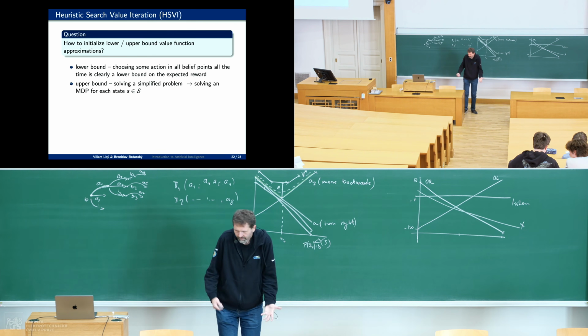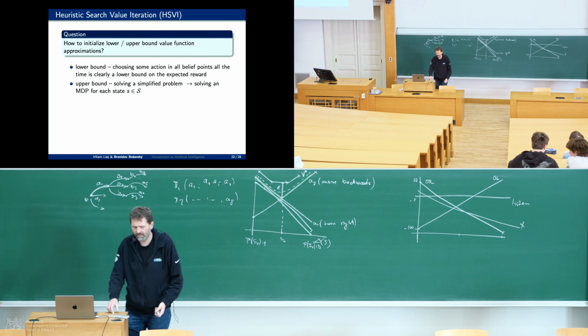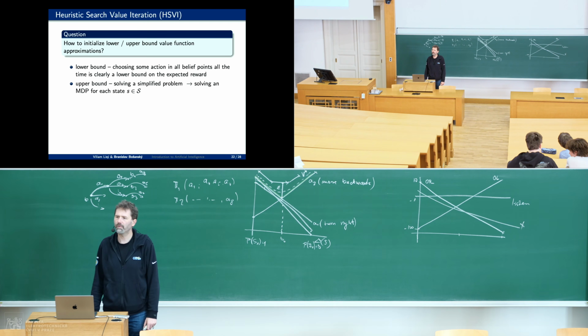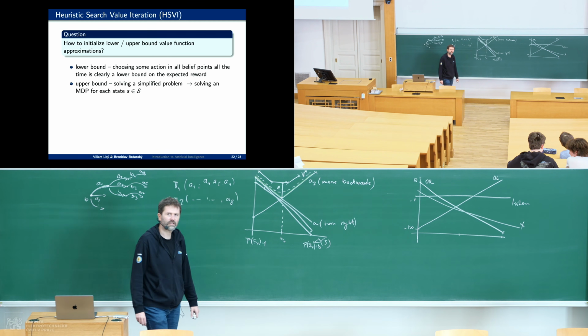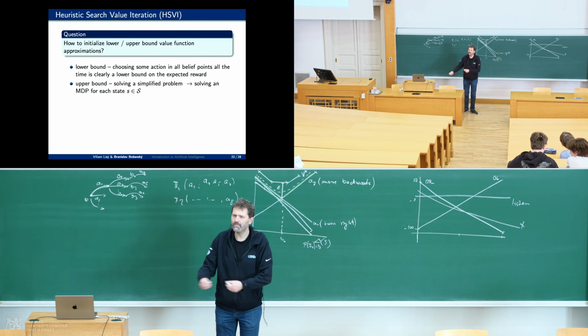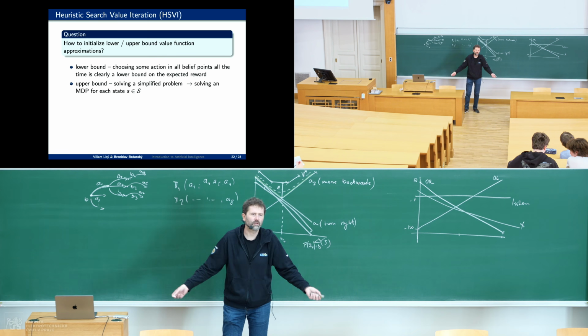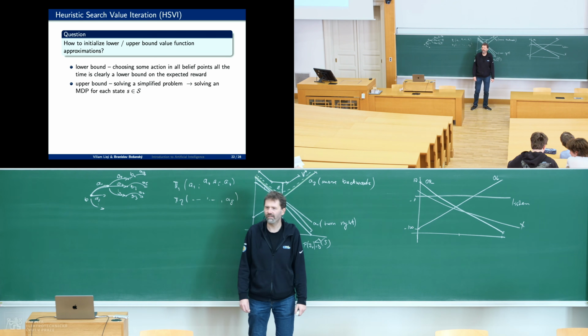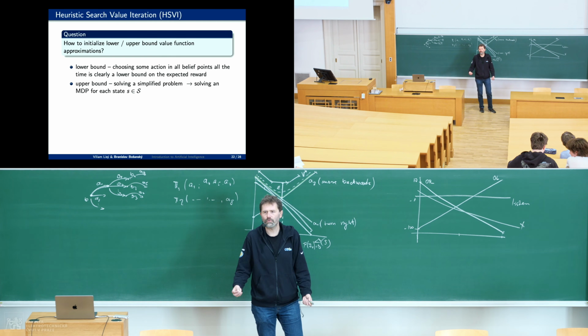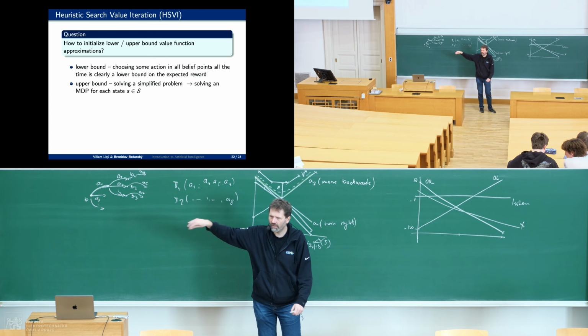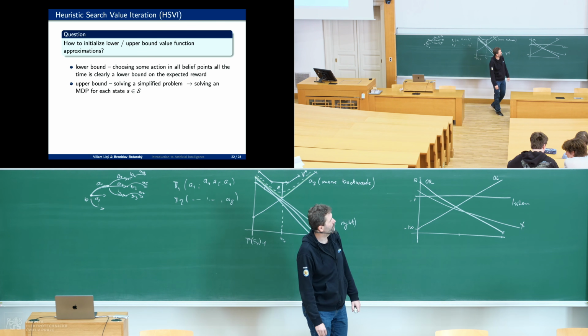Okay, so this is the right way to compute the upper bound for the HSVI. We just create an MDP from that POMDP, assuming that we know the state we are in, and this would be the initialization. And usually it would be a tighter initialization than just taking the maximum reward everywhere.